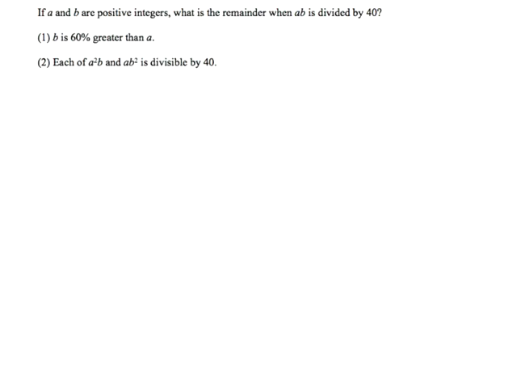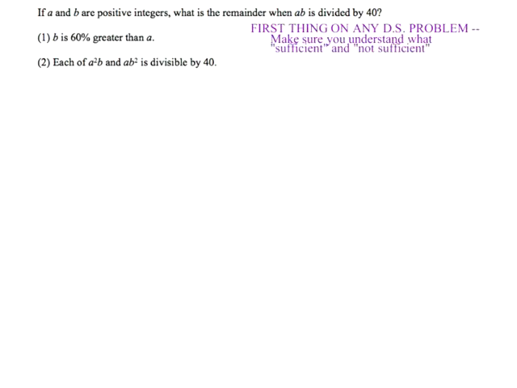So first of all, before we even start the problem, one of our posters said this earlier: the first thing that you should do on any data sufficiency problem is to make sure you understand what sufficient and not sufficient specifically mean in the problem at hand.